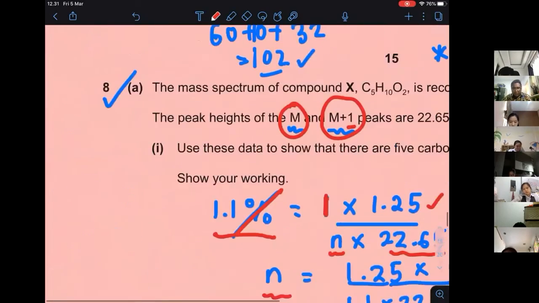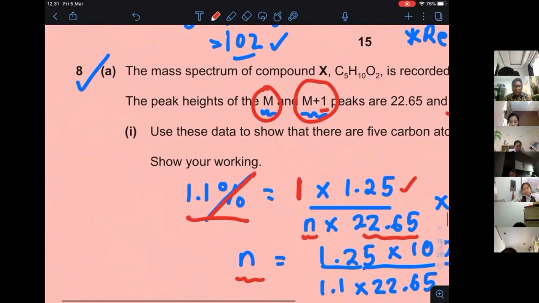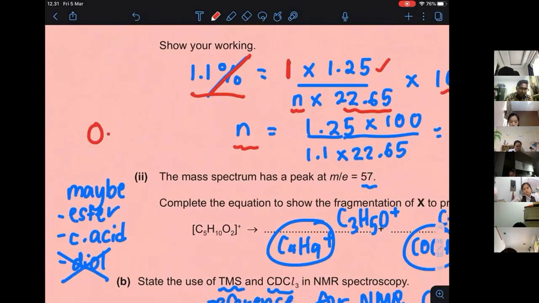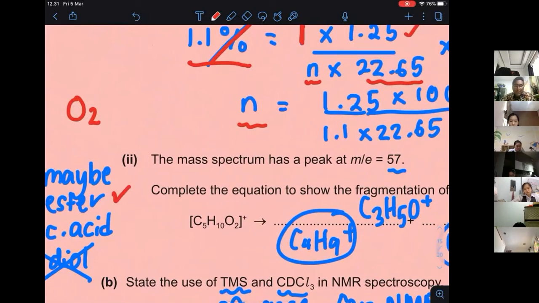If you have this compound C5H10O2, with 2 O in your organic compound, there are certain groups that have 2 O, for example ester, or carboxylic acid, or diol.